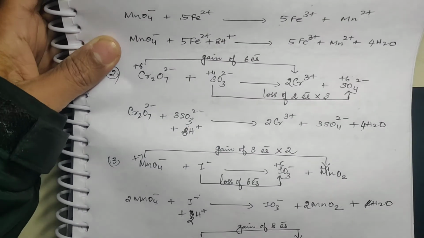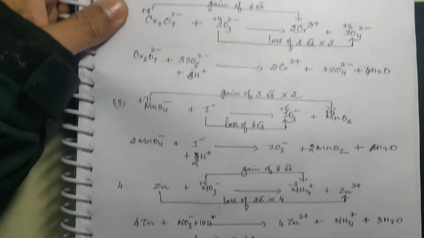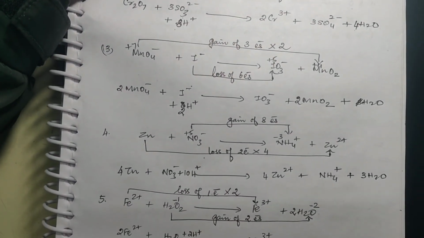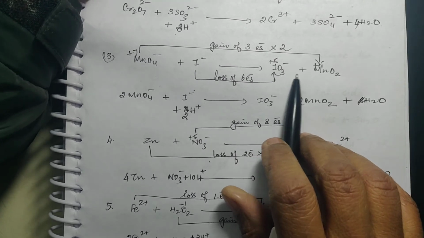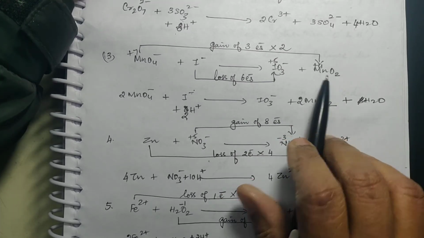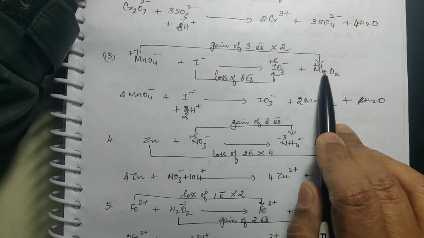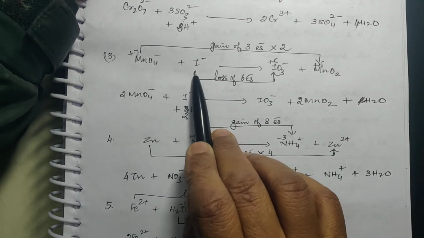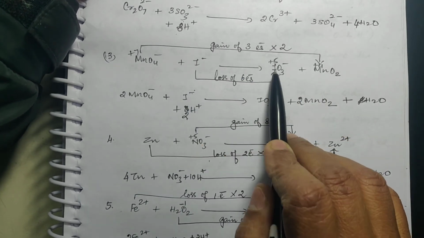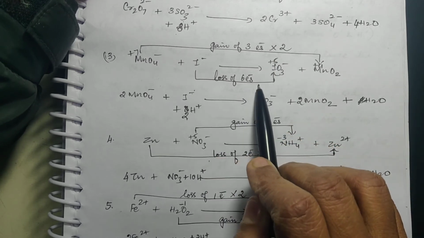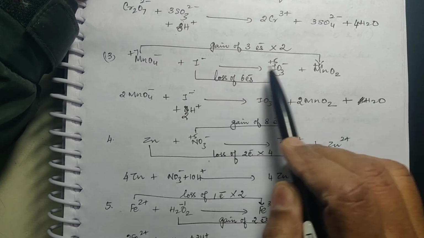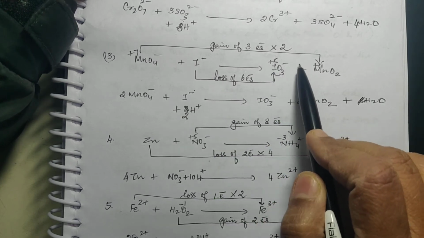The same way you can do other equations also, like MnO4 minus plus I minus giving you IO3 minus plus MnO2. Now plus 7 to plus 4, so gain of 3 electrons. I minus to IO3 minus, I here is in the plus 5 state. So there is a loss of 6 electrons. Here it is minus 1, here it is plus 5. So you will add 6 electrons this side.